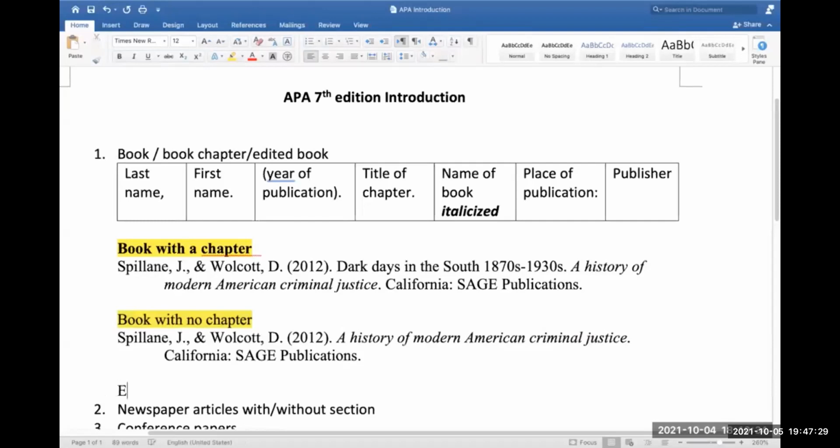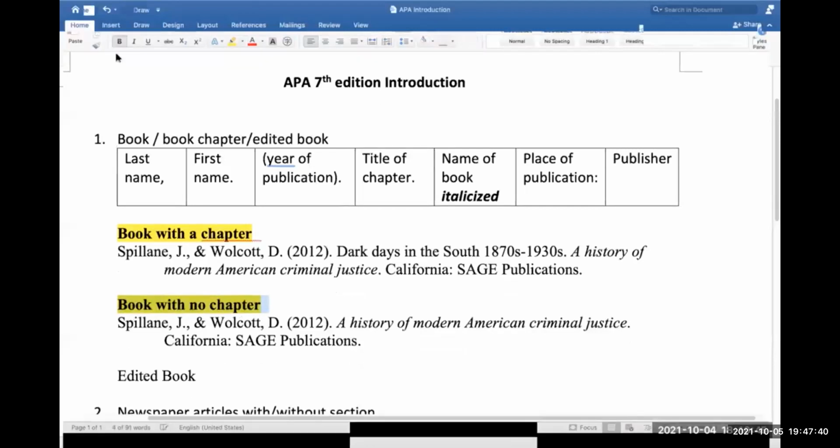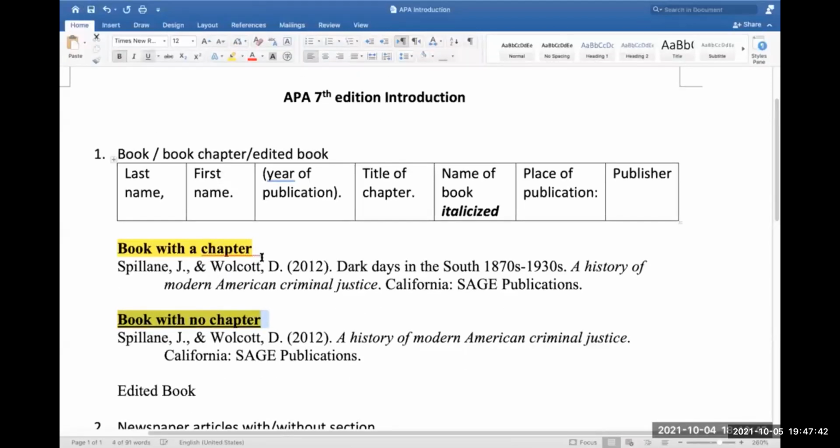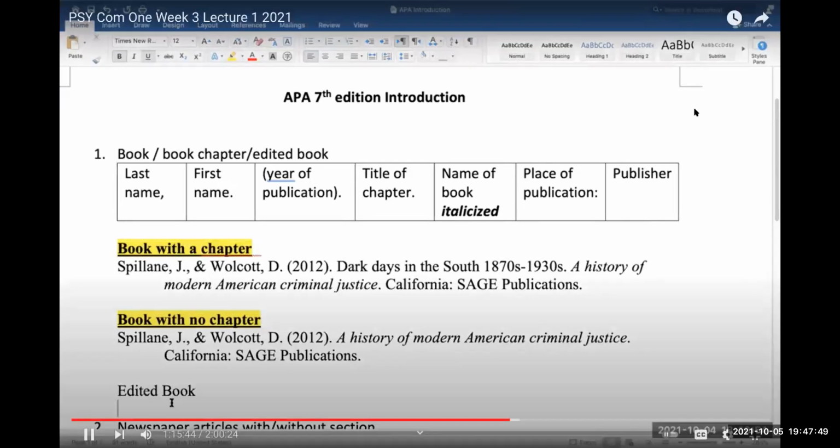And the other one we're going to do is edited book. Edited book. All right, so let's stop sharing.